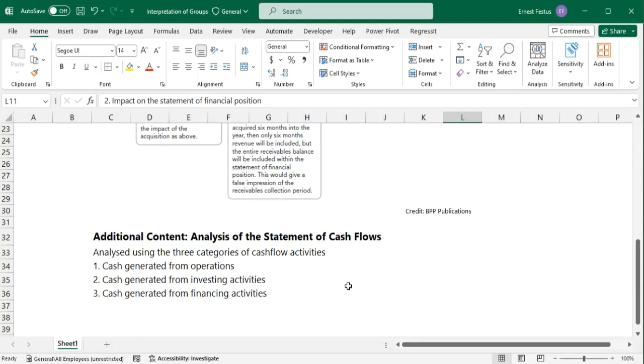When it comes to cash generated from investing activities, the same thing, and cash generated from financing activities. So let's take, for instance, cash generated from investing activities. You have to be very careful stating whether the cash flows from investing activities is good or bad, because first of all you must note that cash generated from investing and cash flows from financing activities are usually one-off items.